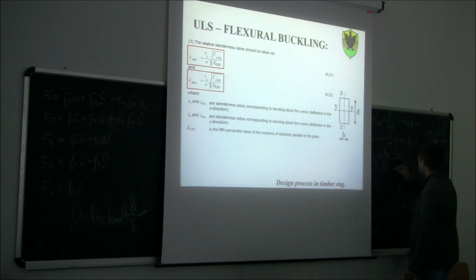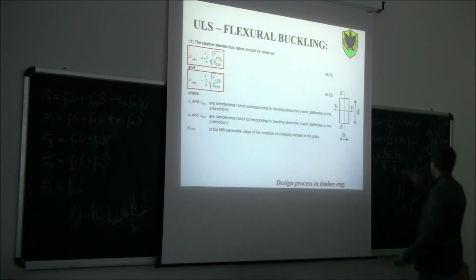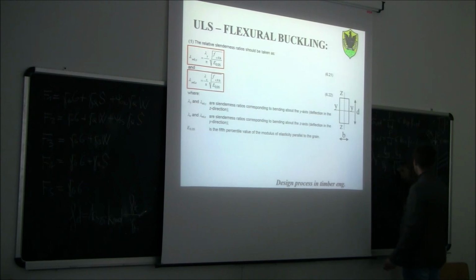Rho y will be given by what? The radius of gyration around y is given by the ratio between the second moment of area and the cross-sectional area. The second moment of area will be around the y-axis, so it will be J_y divided by B times D. Okay?